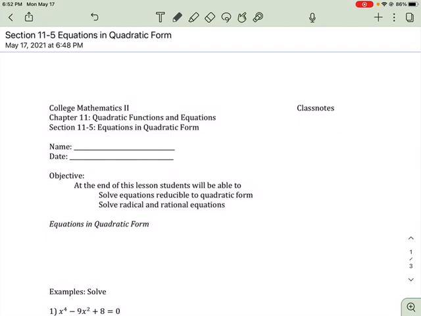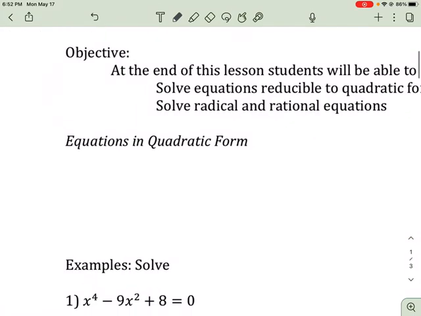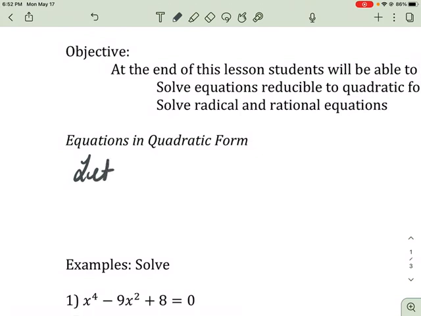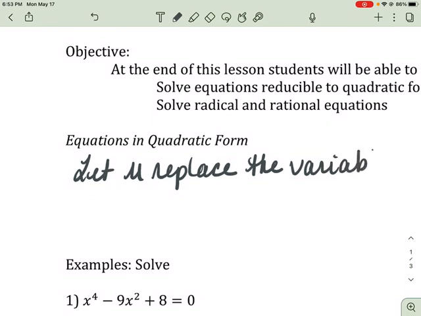Okay, so when we do equations in quadratic form, basically we are going to do what I call a let u. So we're going to let u, the letter, replace the complicated part of the variable in the problem.